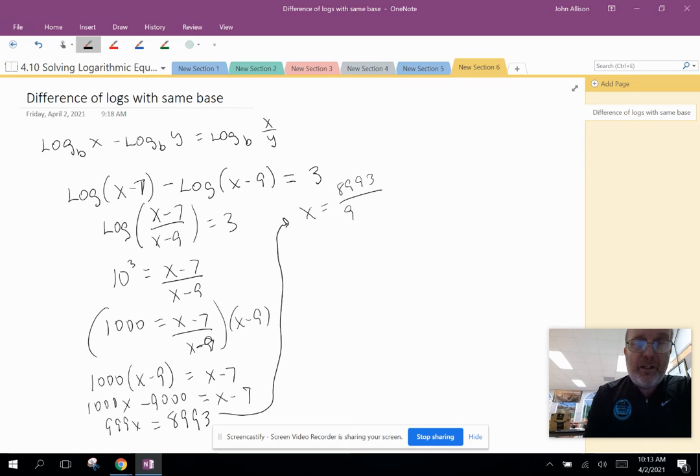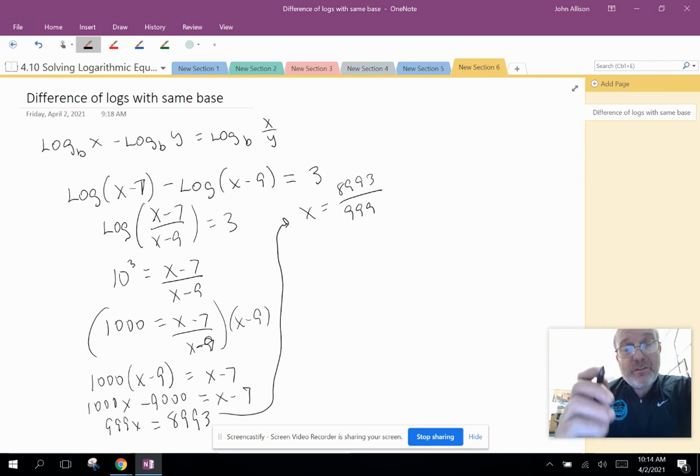8993 divided by 999. If we plug that in here, that's definitely larger than 7, because 7,000 divided by 1,000 would be 7, and this is larger than that. This may not be a valid solution because it may go in here.